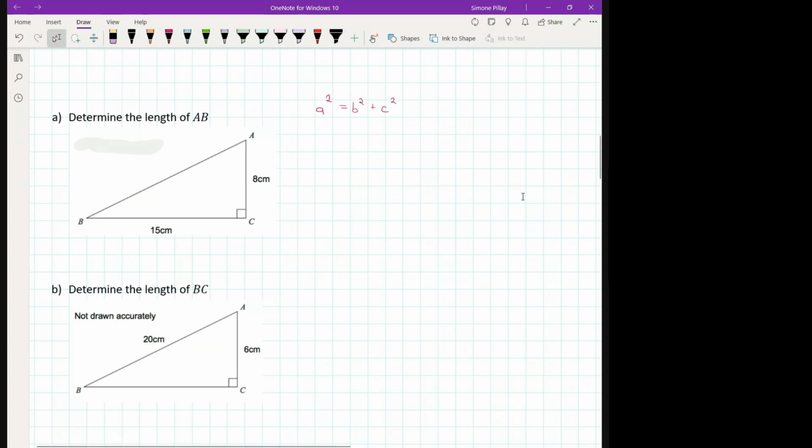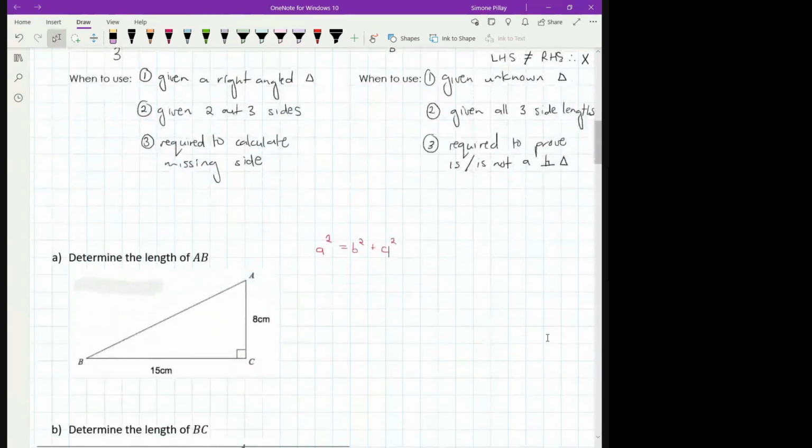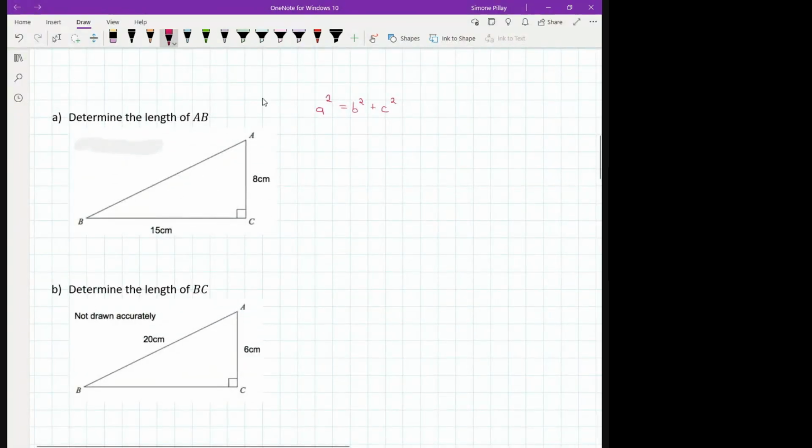There we go. Okay, you can scroll down, ma'am. So then 15 squared.